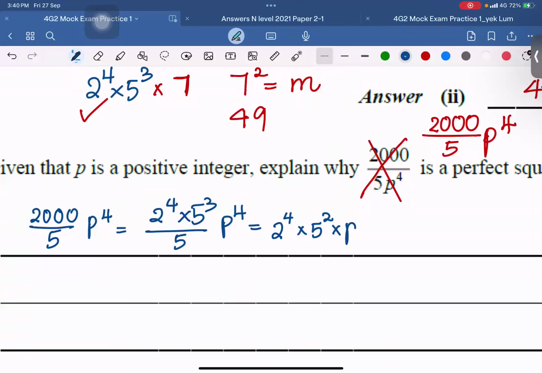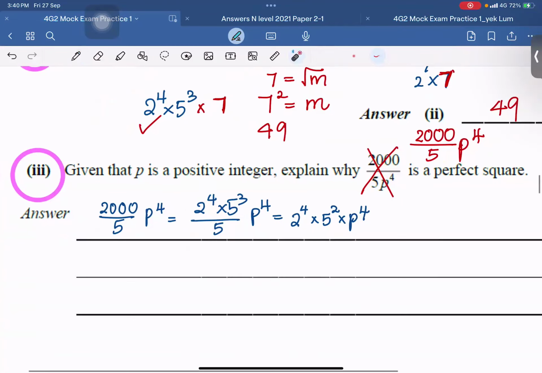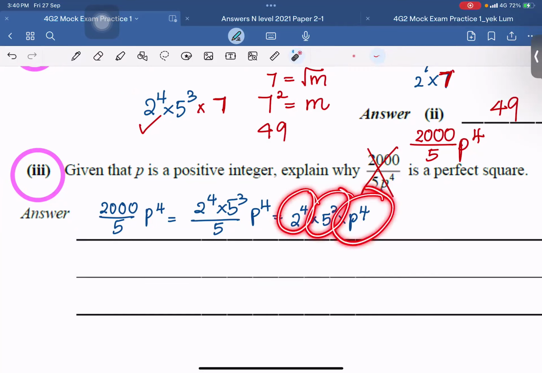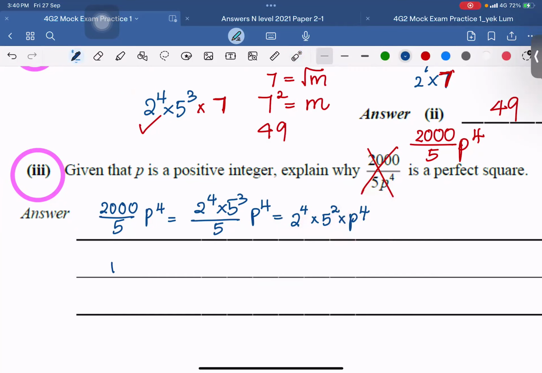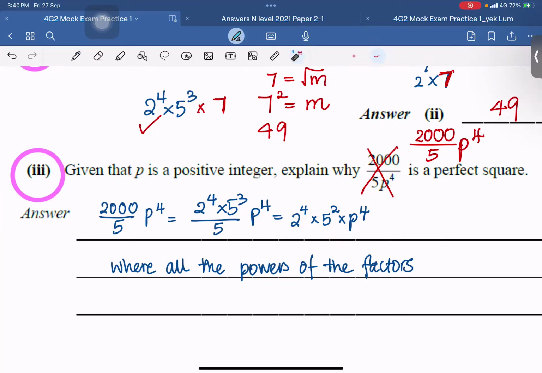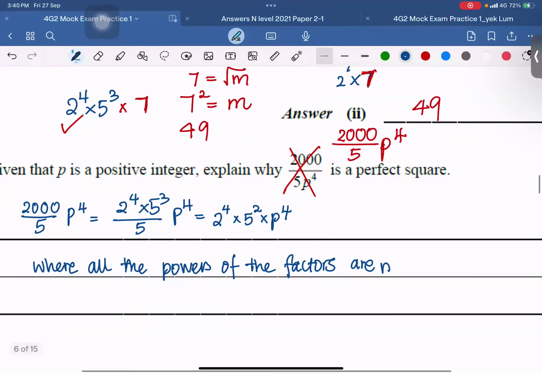Times p to the power of 4, where you notice all the powers of these factors over here are multiples of 2.